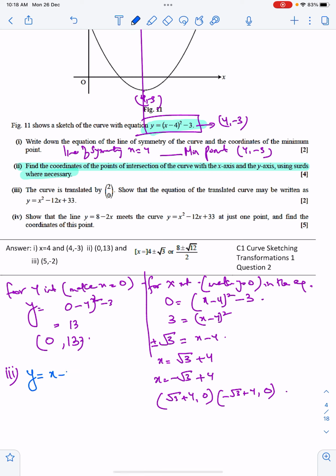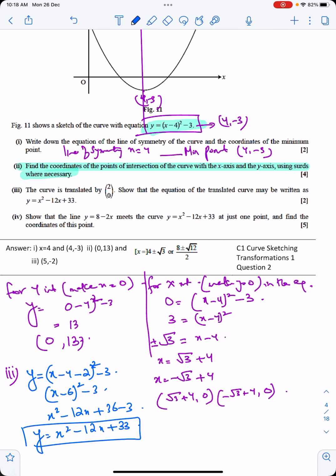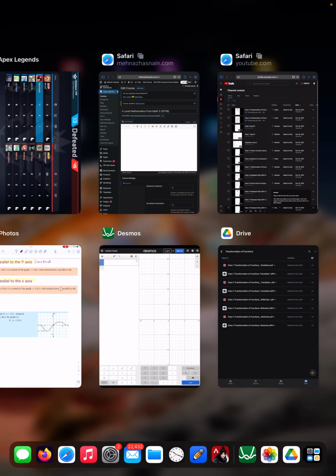So (x minus 4 minus 2) the whole squared minus 3. This will become (x minus 6) the whole squared minus 3, which is x squared minus 12x plus 36 minus 3. x squared minus 12x plus 33 is the resulting equation, which they have already given us.